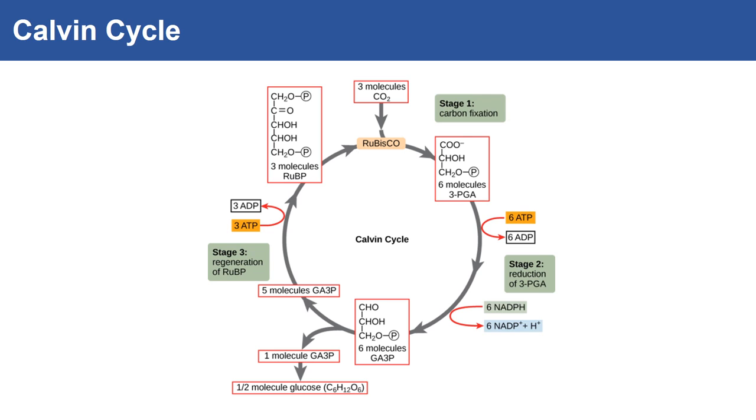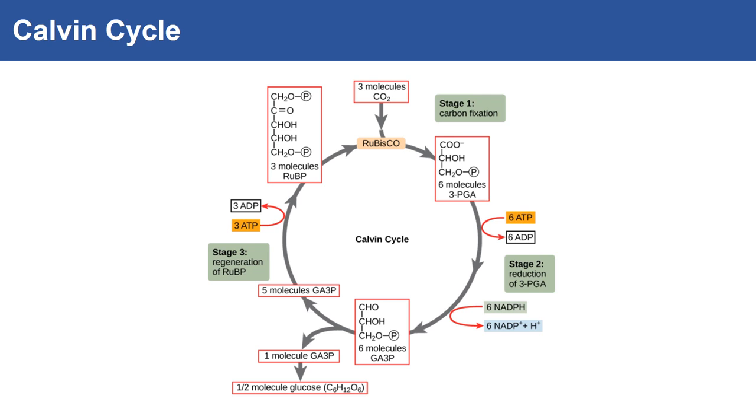Rubisco catalyzes a reaction between carbon dioxide and ribulose bisphosphate, which forms a 6-carbon compound that is immediately converted into two 3-carbon compounds. This process is called carbon fixation because the CO2 is fixed from an inorganic CO2 molecule into an organic molecule.